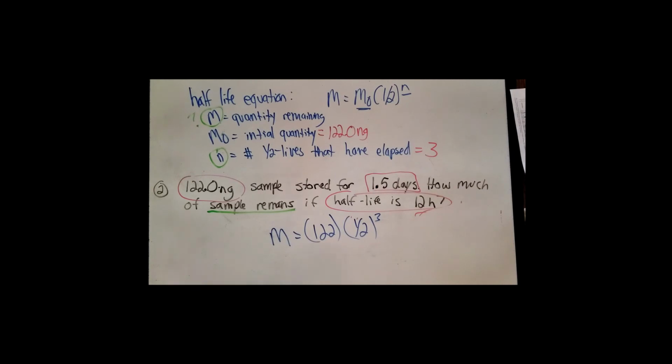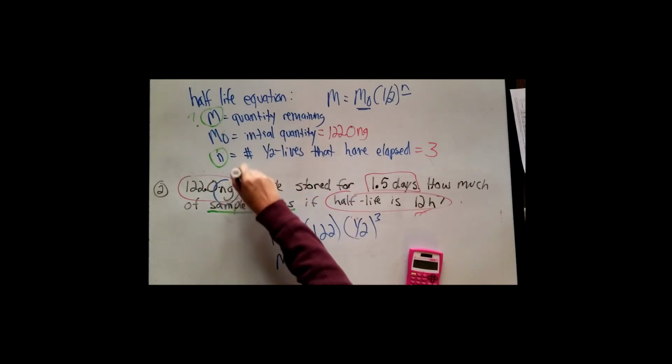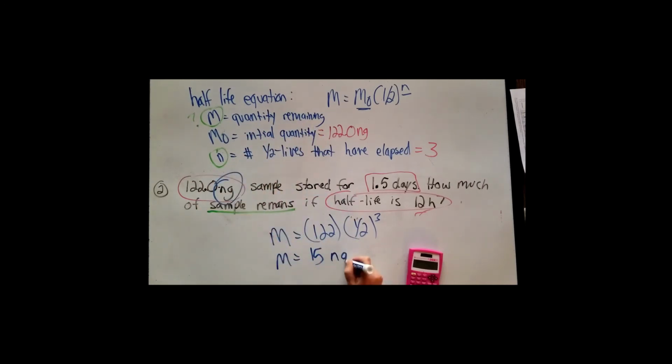This is essentially 0.5 raised to the third power, and I get 0.125 when I do just this part here. I'm going to multiply that by 122 to figure out the amount left. Looks like 2 sig figs here, so I get 15. In this case, for quantity remaining, I'm going to use the same units, nanograms. So after 1.5 days, only 15 nanograms of that sample remain.